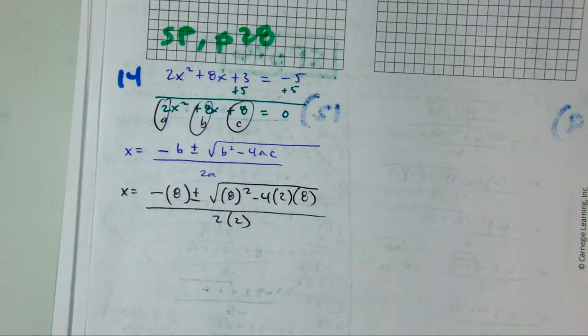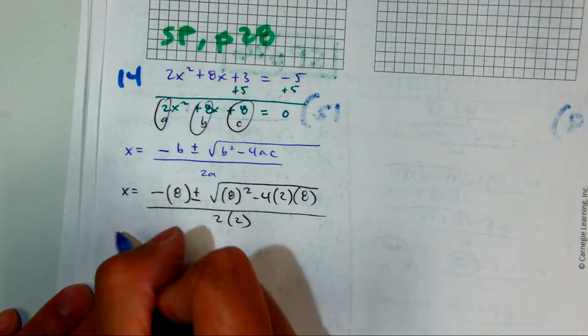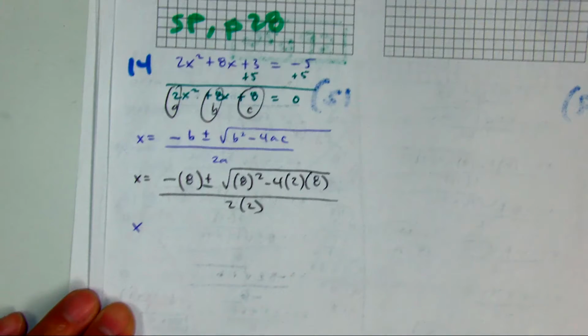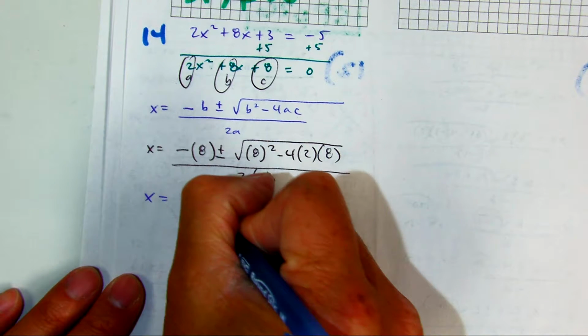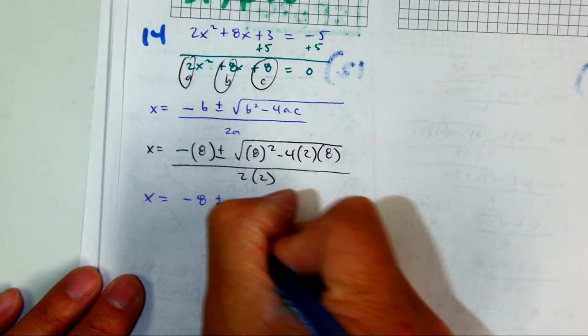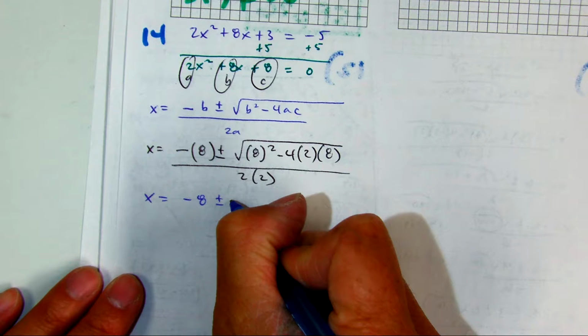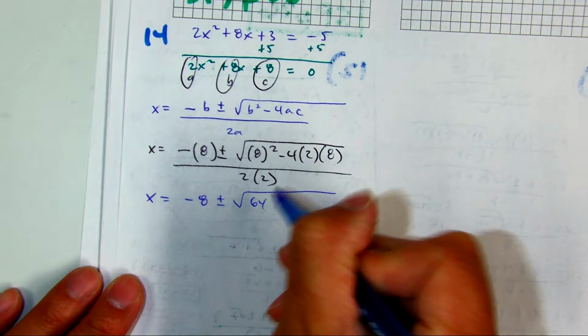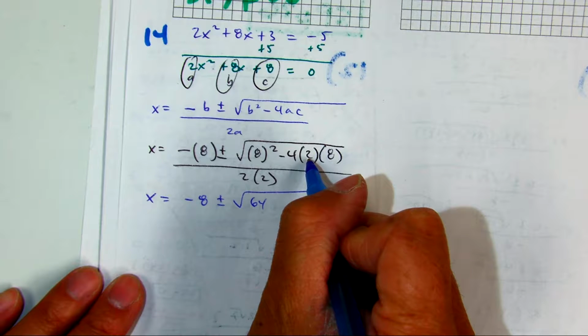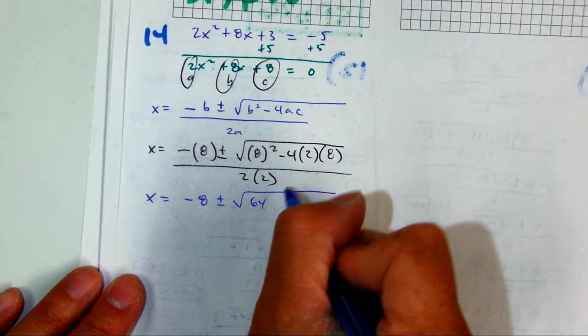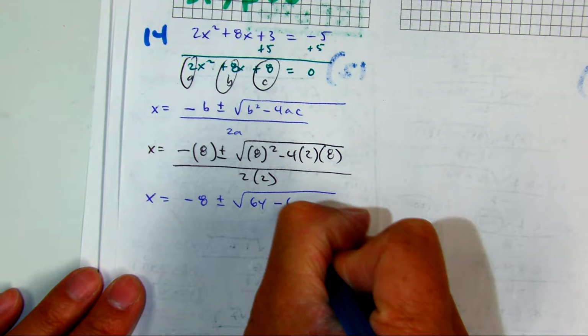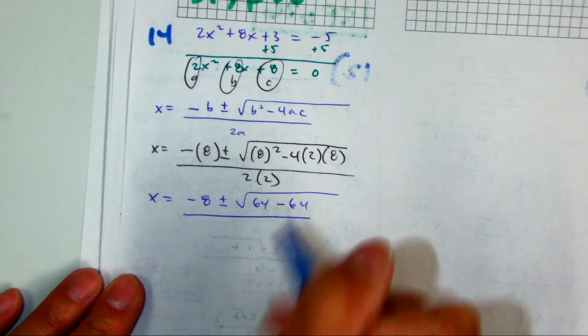Carla, simplify. It's going to be x equals negative 8 plus or minus the square root of 64, negative 4 times 2, negative 8, and negative 8 times 8, negative 64, over 4. Good job.